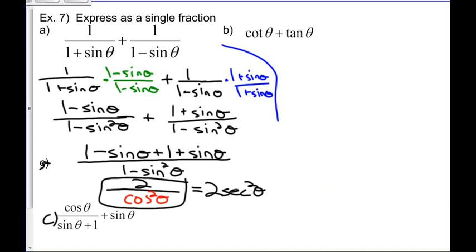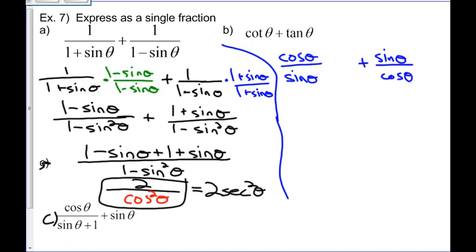Now in the next one, it asks us to express it as a single fraction. It doesn't look like a fraction at all, but we could write each of these expressions as fractions. So cotangent is cosine over sine. Tangent is sine over cosine.